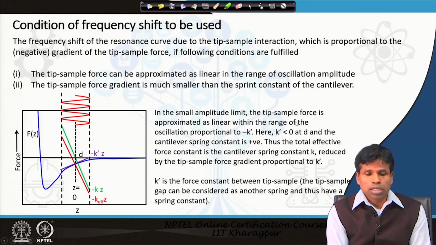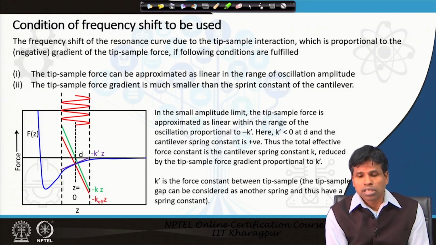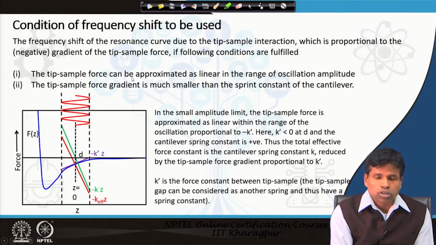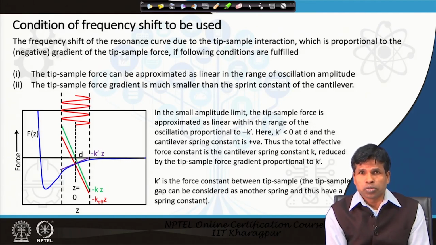If we look at the force distance curve, the frequency shift of the resonance is certainly due to tip sample interaction, and that is proportional to the force gradient. This happens only when the tip sample force is approximated as linear in the range of oscillation amplitude.